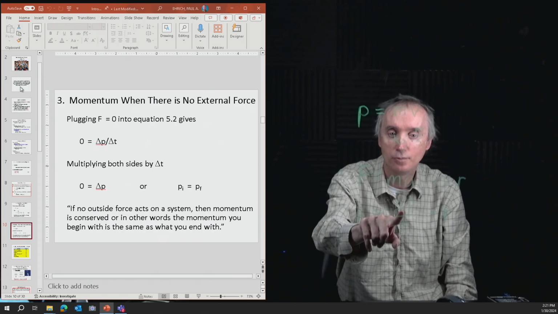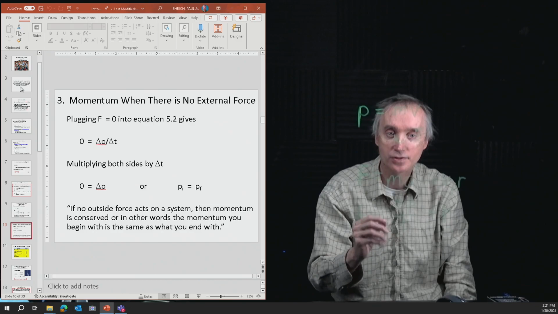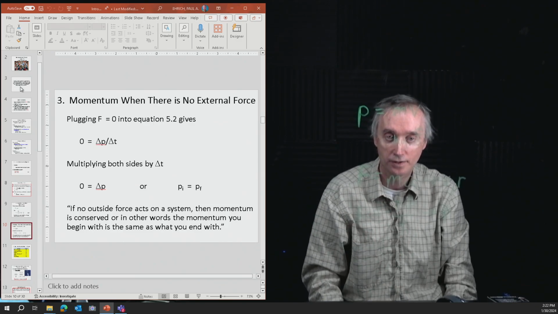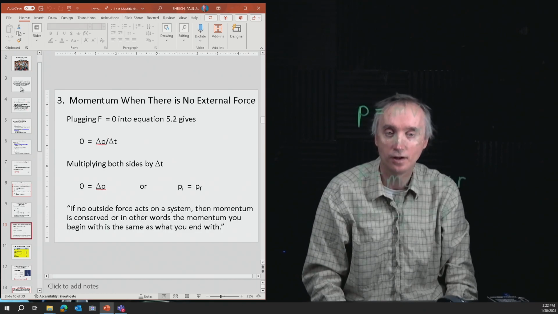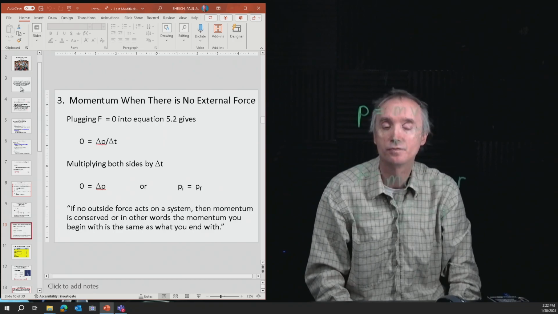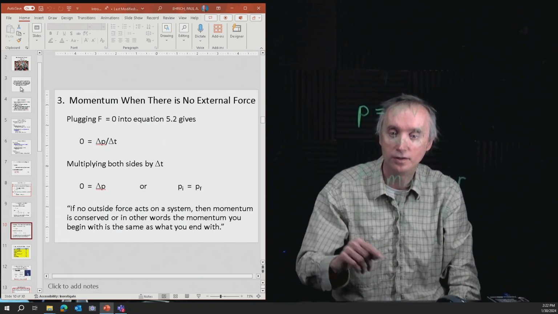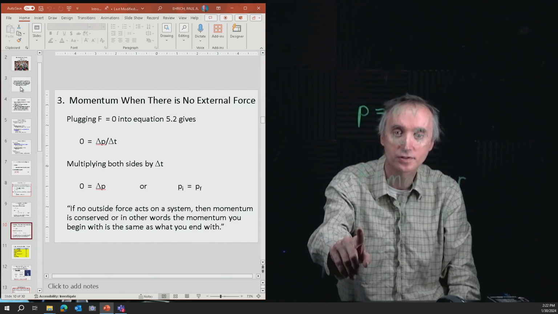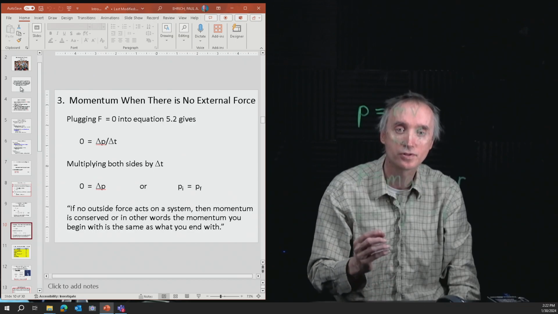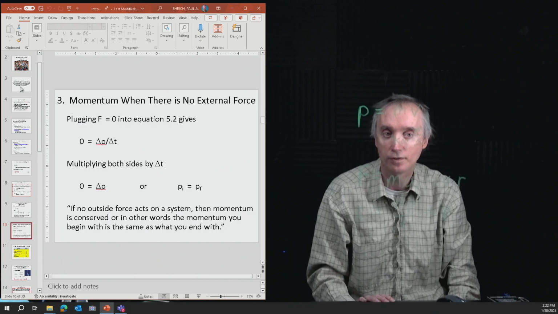And so you end up with the momentum you start with has to equal the momentum you end with. That's conservation of momentum. So conservation of momentum is very, very useful in physics. So if there's no force acting on a system, momentum is going to be conserved. The momentum you start with has to equal the momentum that you end with.